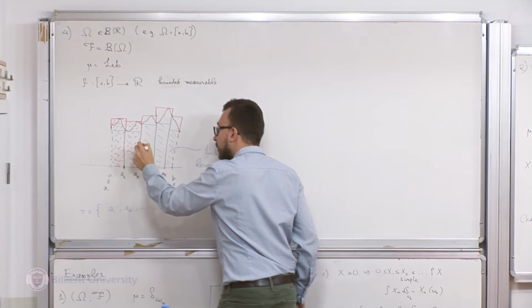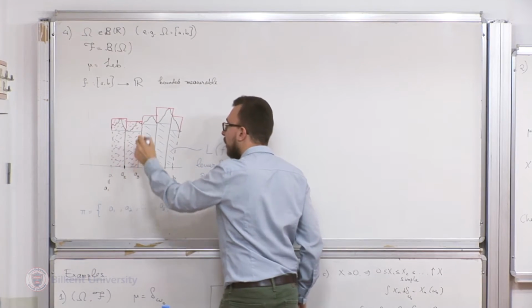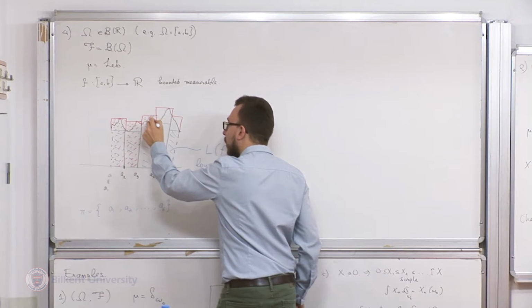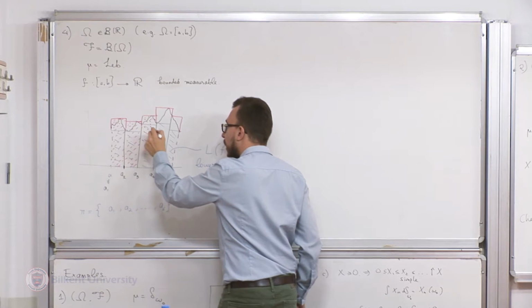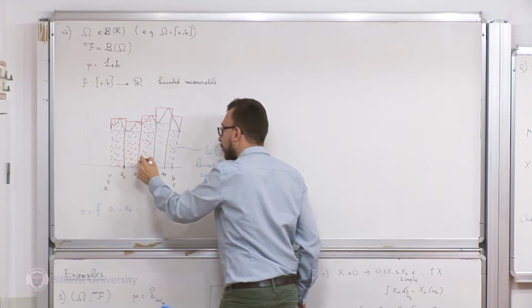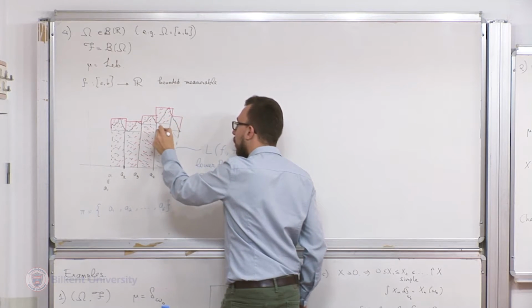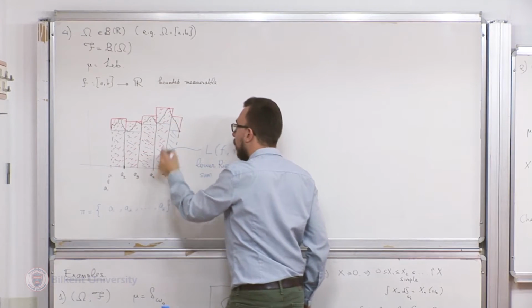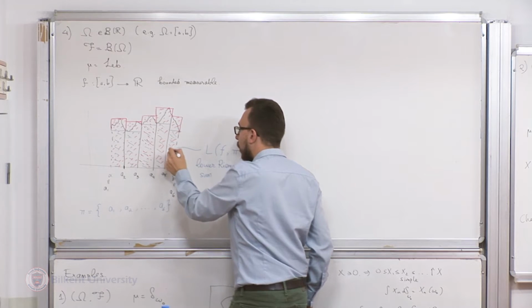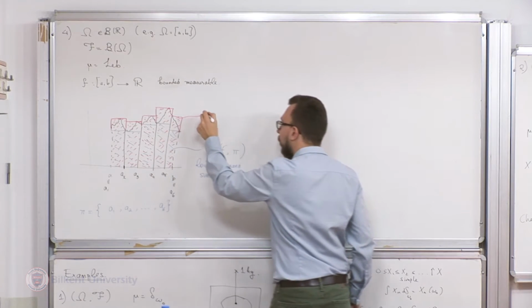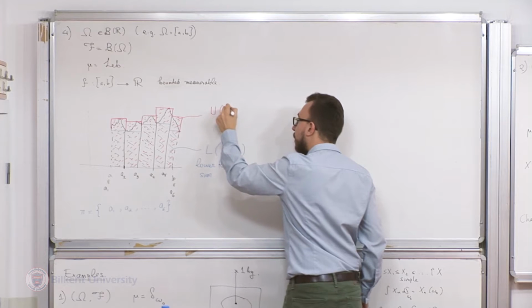Since your function is bounded, you can find such an upper bound, the maximum value. And now this is called the upper Riemann sum.